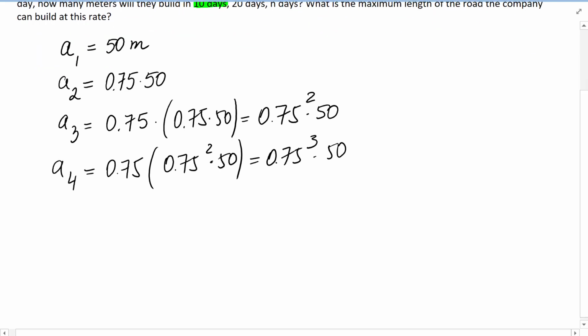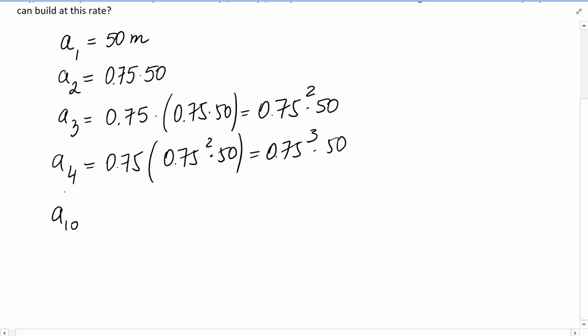So now we can notice a pattern. For A sub 10, I don't have to find A sub 9 to do that. I notice that when I have A sub 2, I have 0.75 to the first. When I have A sub 3, I have 0.75 to the second. When I have A sub 4, I have 0.75 to the third. That's the only thing that changes.